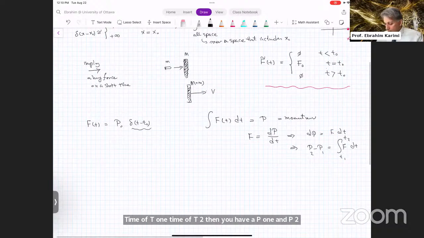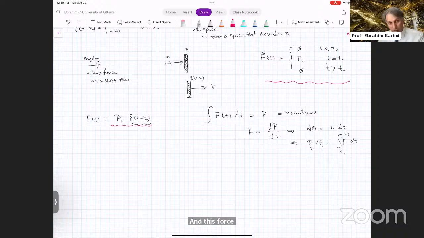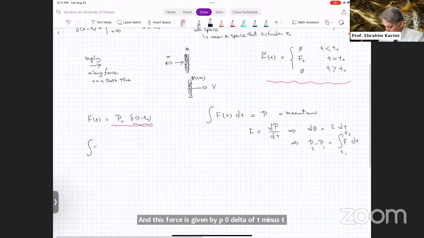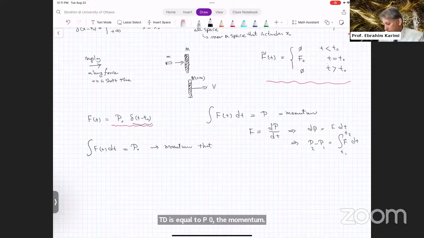Okay. So now, indeed, I introduced the force to be given in terms of the delta function, and this force is given by p0 delta of t minus t0. And for sure, the integral of F(t) dt is equal to p0, the momentum that the object will receive.